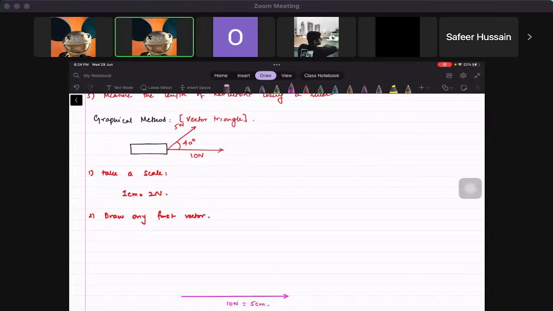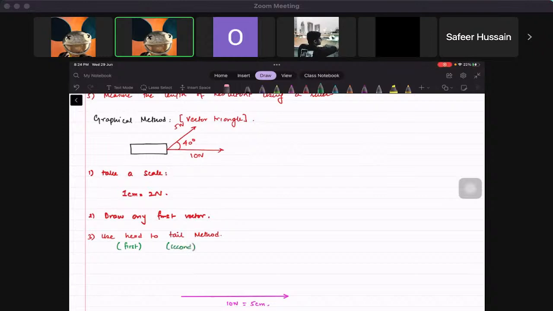Now what you do next is important, and then you basically use the head to tail method. Now what is head to tail? Basically head to tail means head of the first vector connected to tail of the second vector. This is what it means.